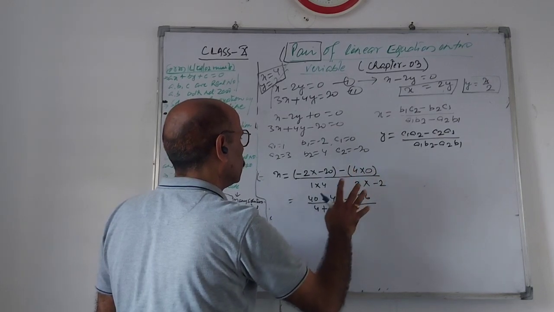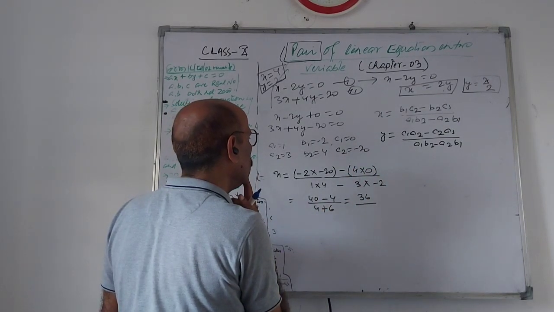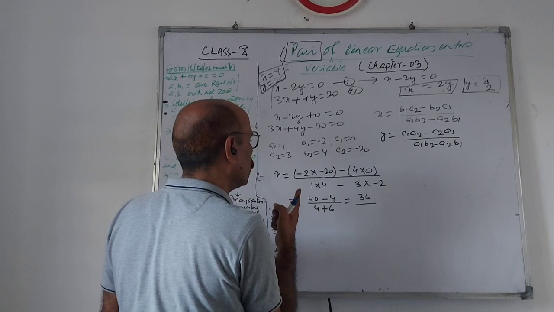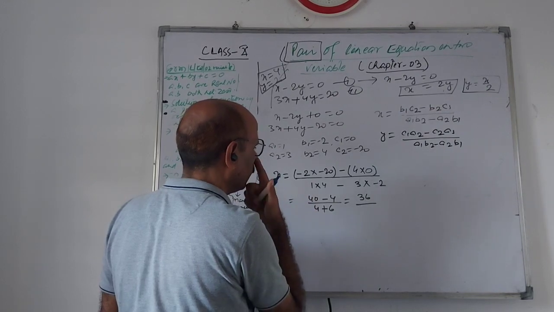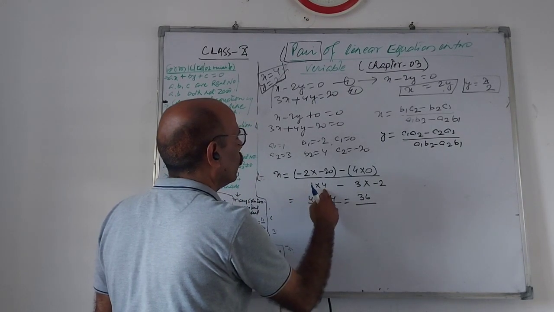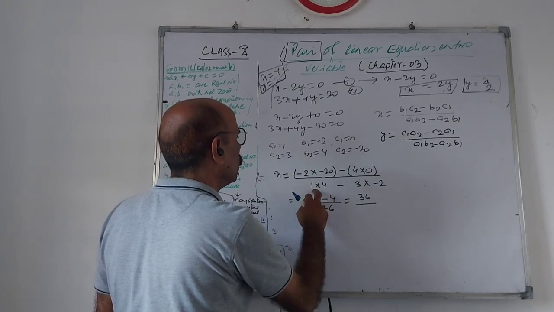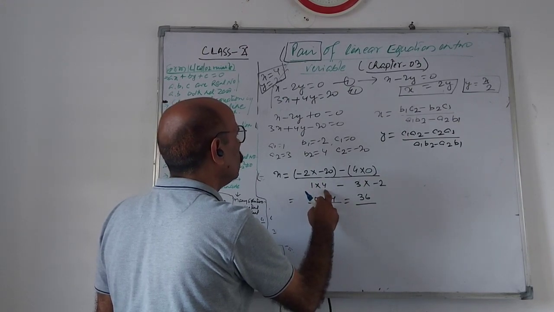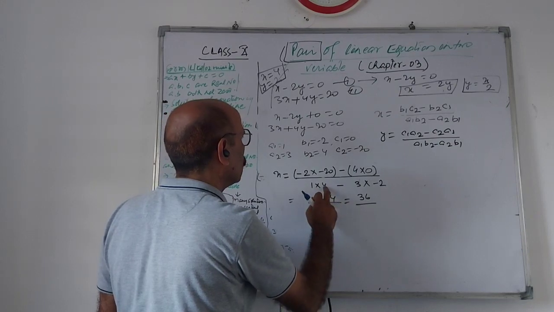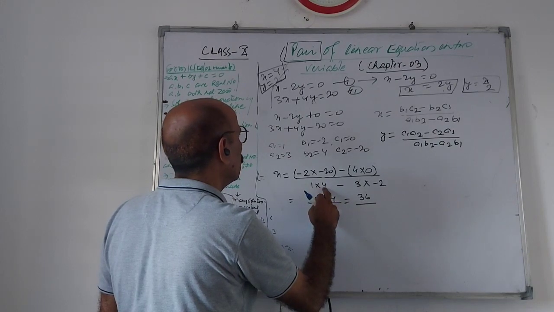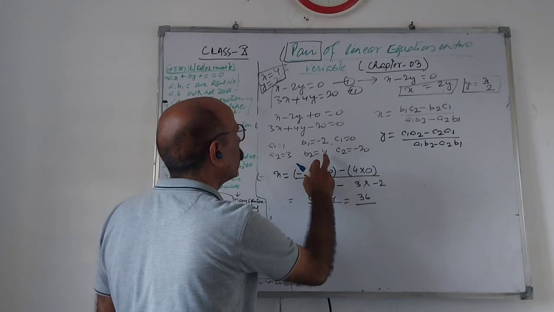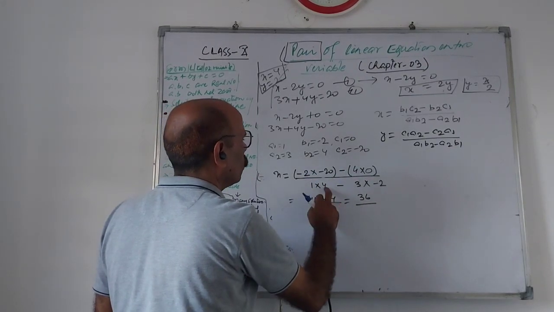Then this is 40 minus 4, 36. Then a1 b2: a1 is 1, b2 is 4.